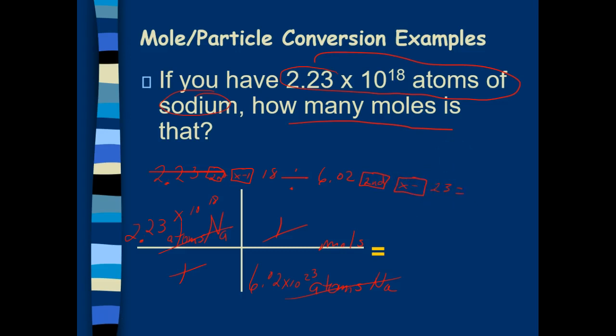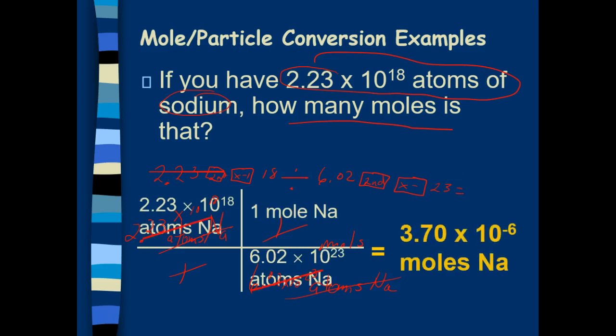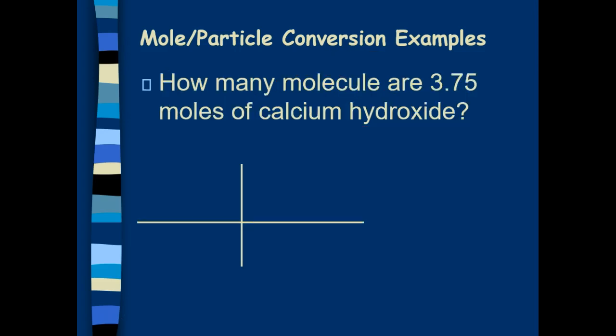When you do that, you will get 3.70 times 10 to the negative 6 moles of sodium. It's a very small number.